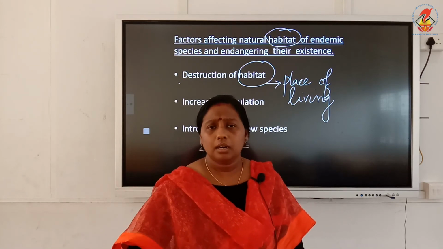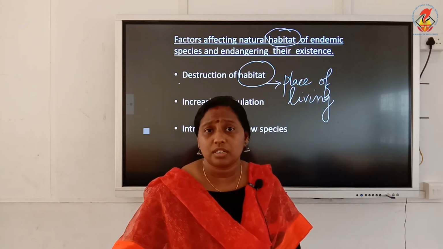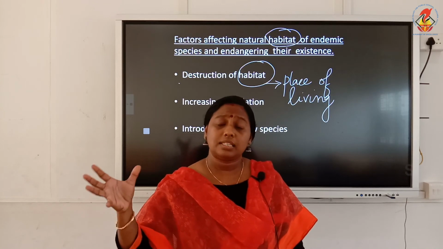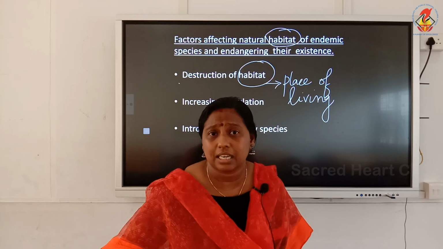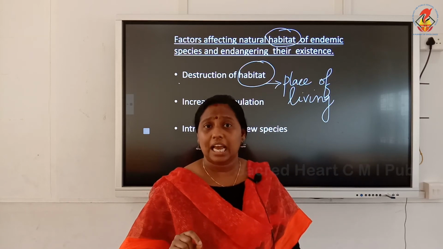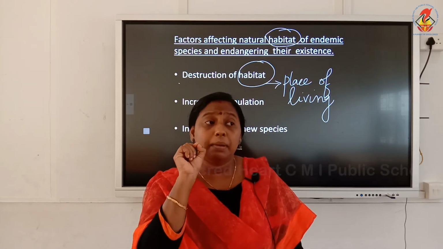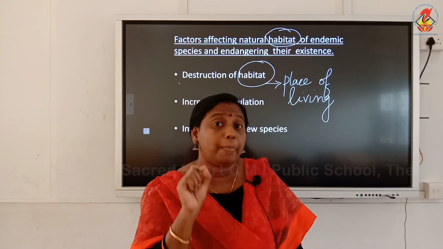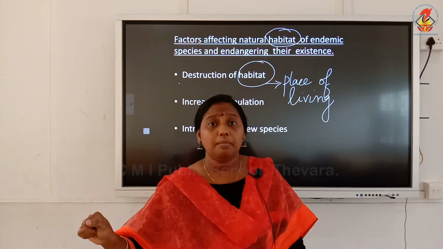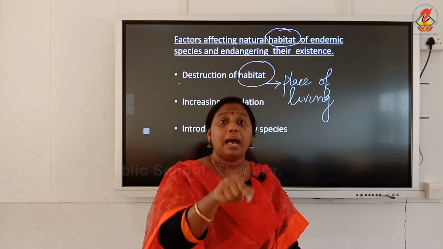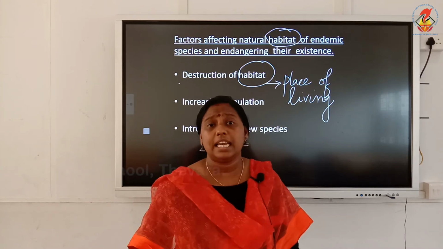For example, the population of a herbivore is increasing. Herbivore means a plant eating animal, and we have an endemic plant in our biosphere reserve. So what will happen? This herbivore will come and eat this endemic plant.